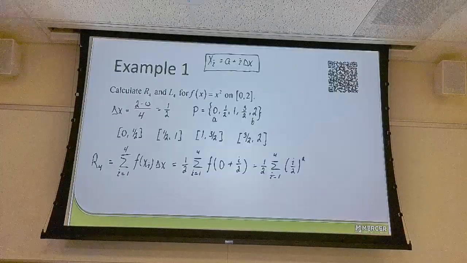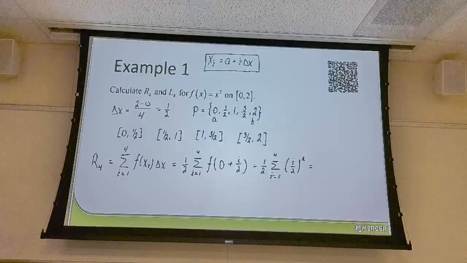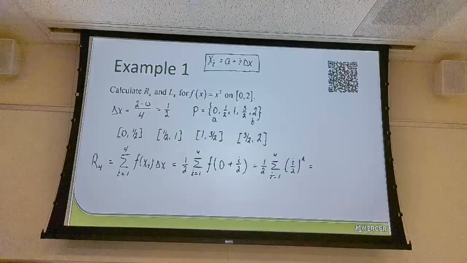What's 1/2 squared? 1/4. Times a half, 1/8.